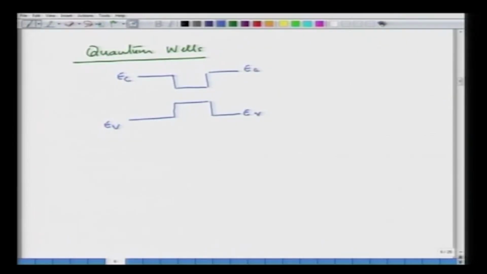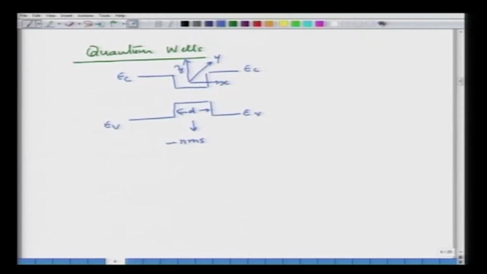Now, the emission properties of this particular material are going to be just like the bulk material as long as this thickness is large, but as we reduce this thickness into the range of nanometers, the property of this material becomes completely different. Now, we have a situation in which in the x direction the electron is confined in a well, but in the y and z directions it is free to move.